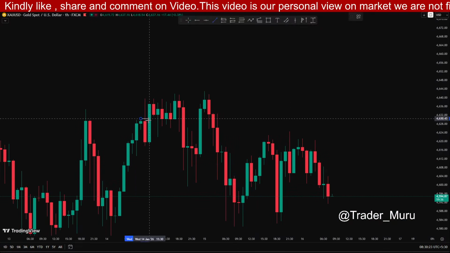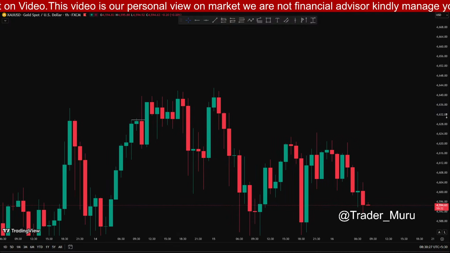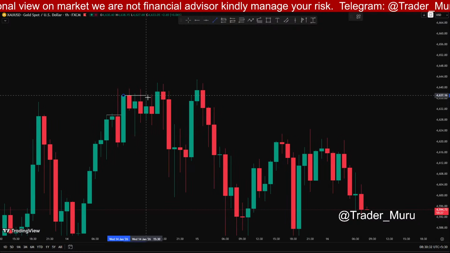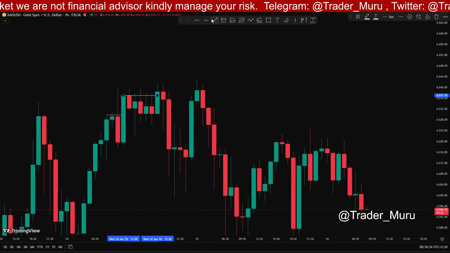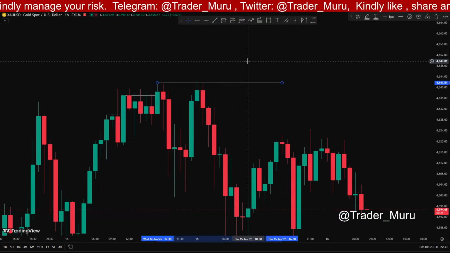Okay, so this is our high break. So price should break the high of this candle to be bullish. Again we have a candle high break, but then we don't have any high break.